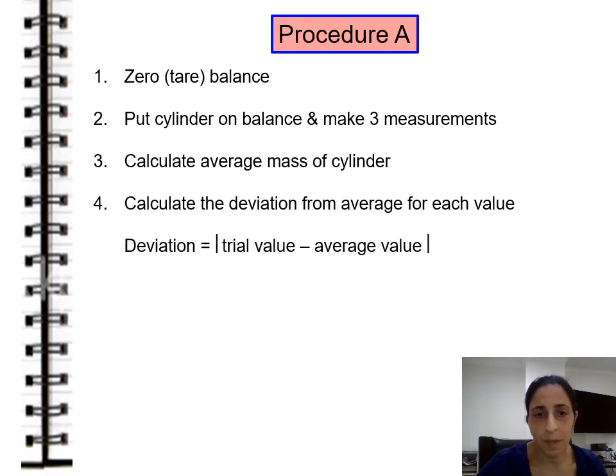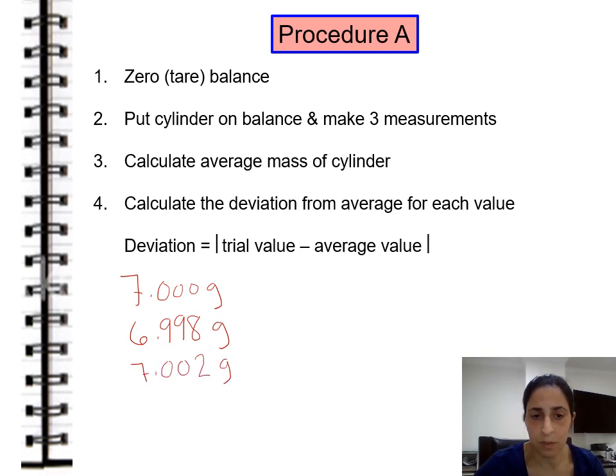So for example, let's say I have a mass of 7.000 grams as my first trial. Let's say I had 6.998 grams as my second trial. And let's say I had 7.002 grams as my third trial.